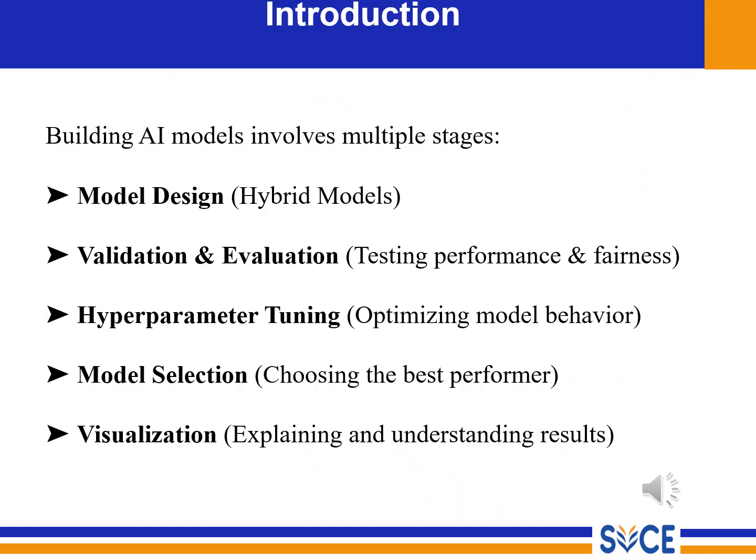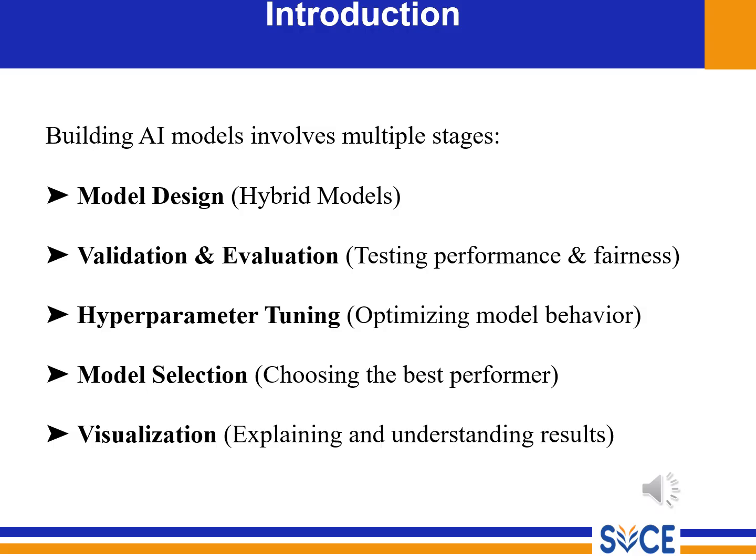Now let us first understand the big picture. Building an AI model involves the following stages. First step, model design, which means designing how the model is built. Second is validation and evaluation, checking the performance and fairness.